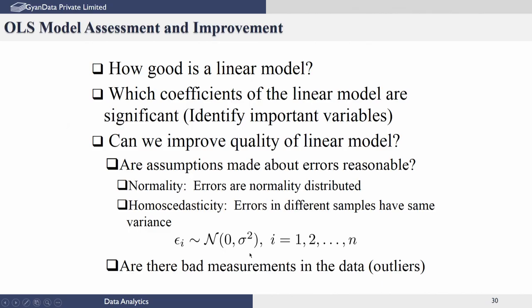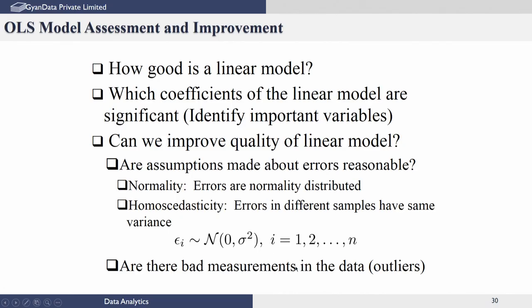Now, we also assume that all the measurements that we have made are reasonably good and there are no bad data points, or what we call outliers, in the data. We saw that even when we are estimating a sample mean, one bad data point can result in a very bad estimate of the mean. So, similarly in the method of least squares, if we have one bad data point, it can result in a very poor estimate of the coefficients.